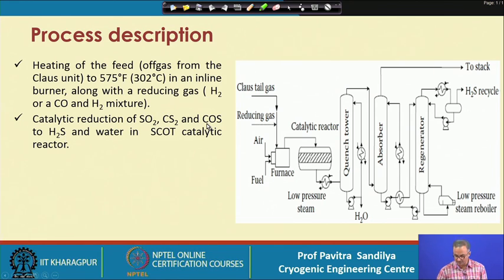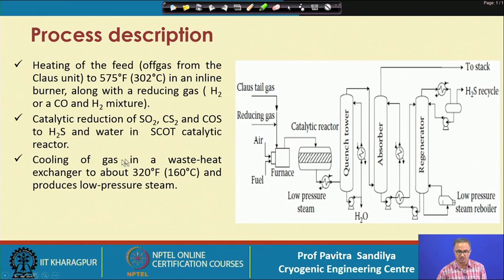Then the cooling of the gas is done using a waste heat exchanger. In this heat exchanger we are putting water, and whatever heat is generated during the reaction is used to convert this water into low pressure steam, and this low pressure steam can be used for the regeneration purpose.